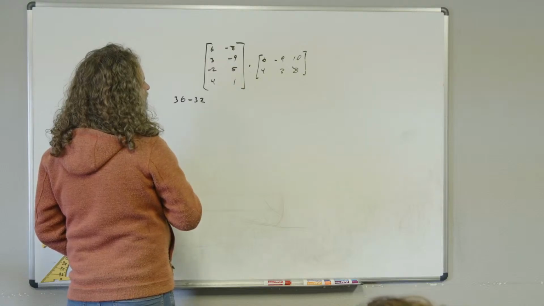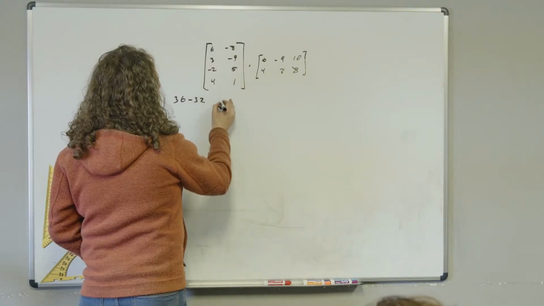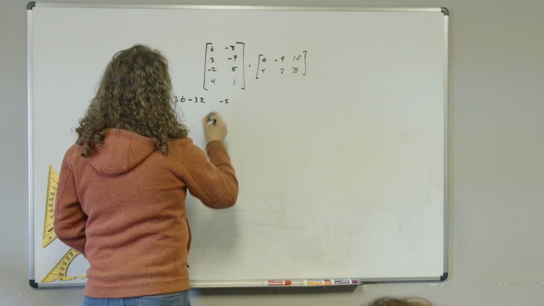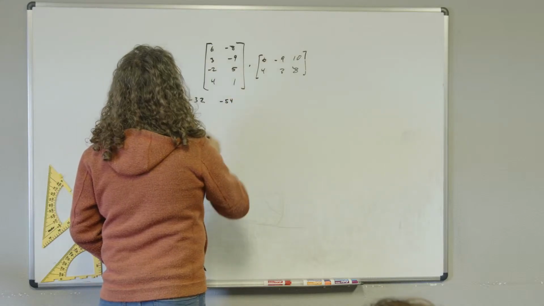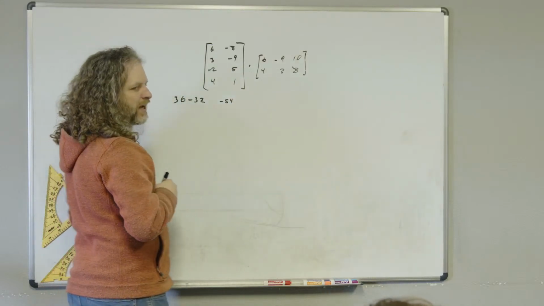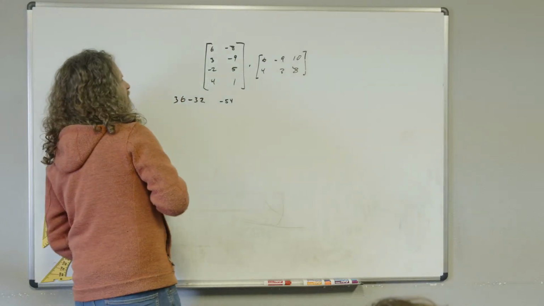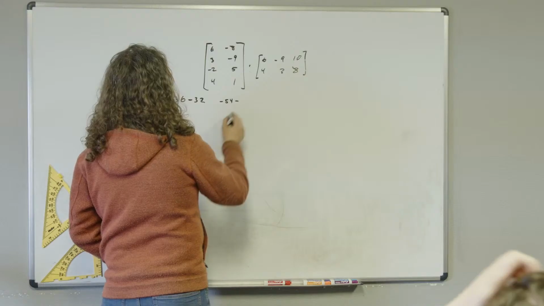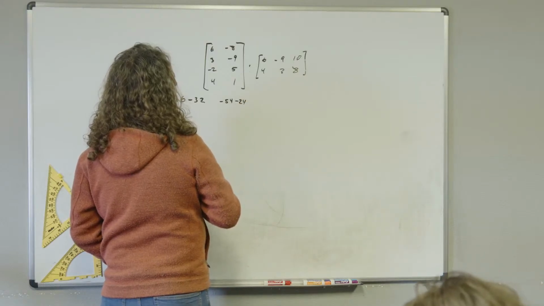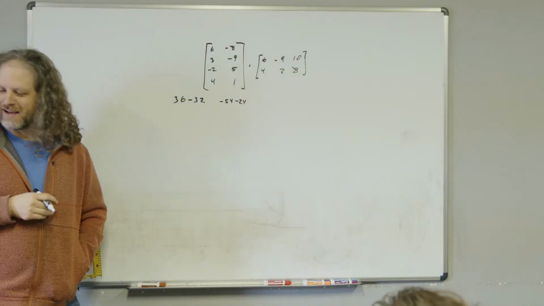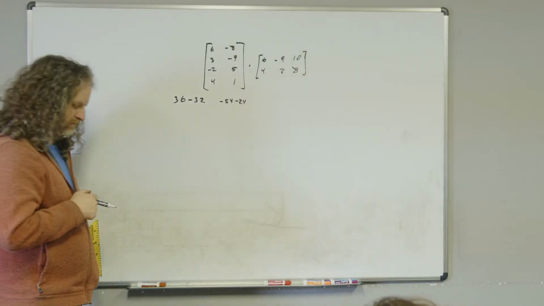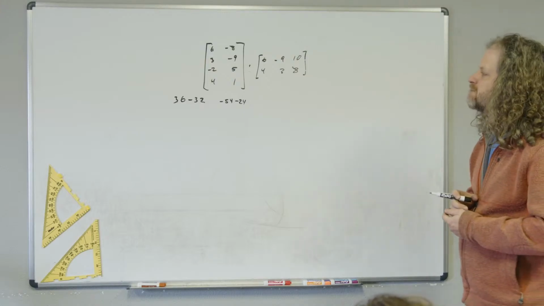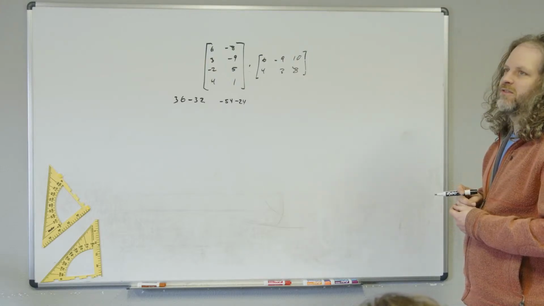And then 6 times negative 9 is negative 54. My brain was going slow, because it was telling me 42, and that can't possibly be right. And then minus 24. That's just the first two.